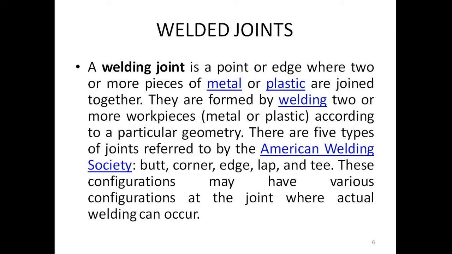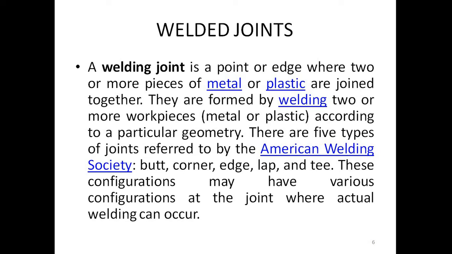Welding joint is a point or edge where two or more pieces of metal or plastic are joined. When we are going to join two or more pieces of metal or plastic, a welding joint is prepared. They are formed by welding two or more workpieces, metal or plastic, according to the particular geometry. According to the various geometry, these metals and plastics are joined.